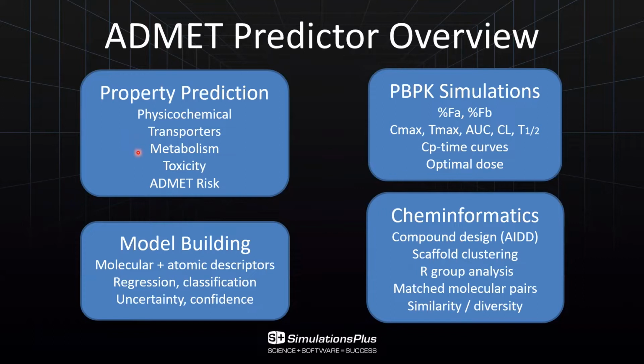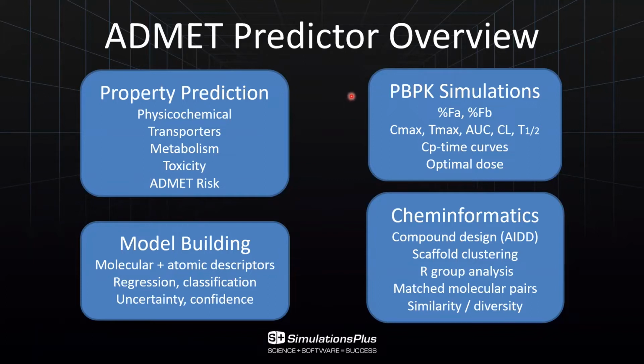Metabolism includes substrate and inhibitor classification models, as well as quantitative kinetic models focused on CYPs, UGTs, and AOX. Toxicity includes endpoints such as Ames mutagenicity, hERG blocking, skin sensitivity, and several others. And finally, there are customizable risk scores that predict overall ADMET liability as a single number.